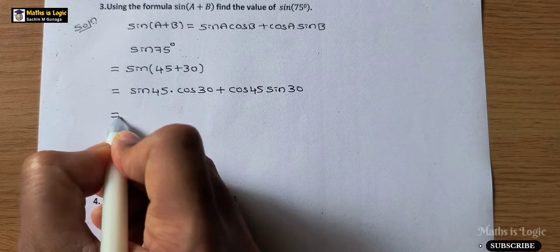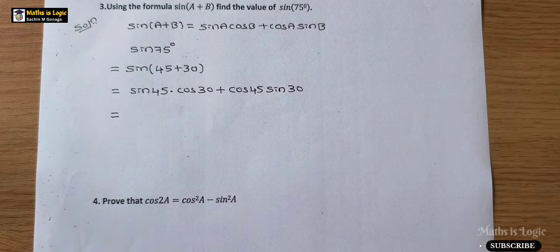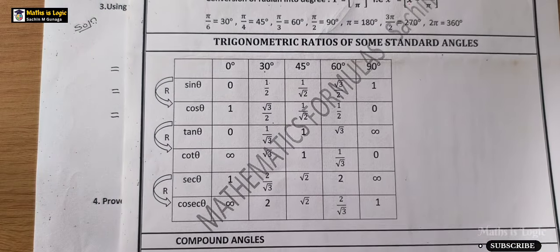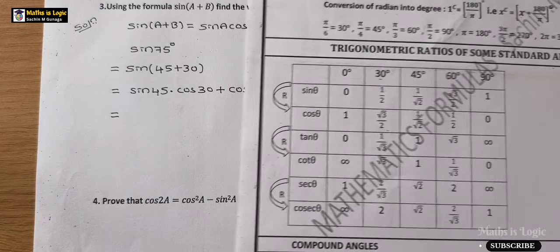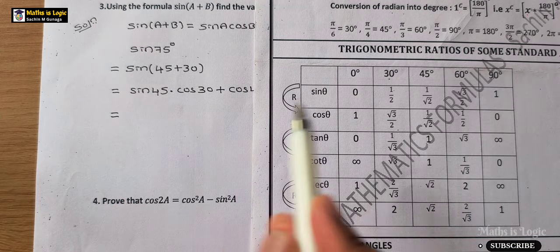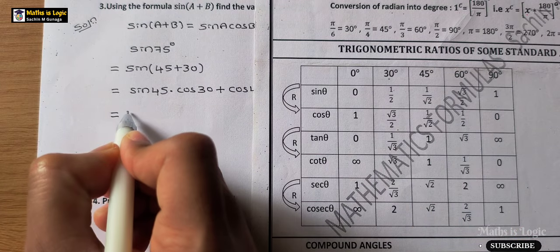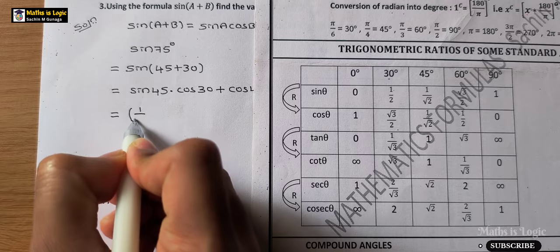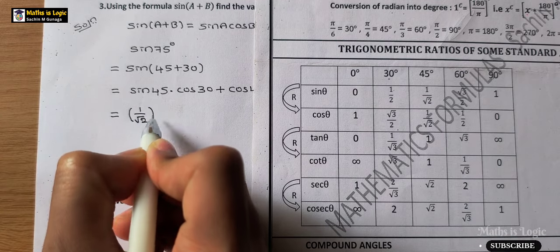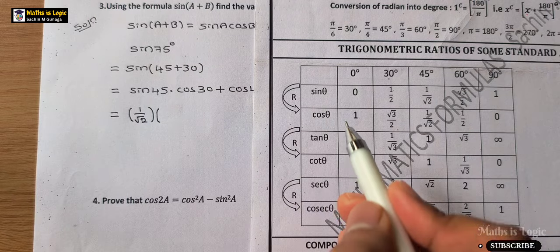So next, which is equals to, now see trigonometric ratios of a standard angle table. First, sine 45 degree, sine 45 degree is 1 by root 2. So in bracket 1 divided by root 2 into cos 30 degree.